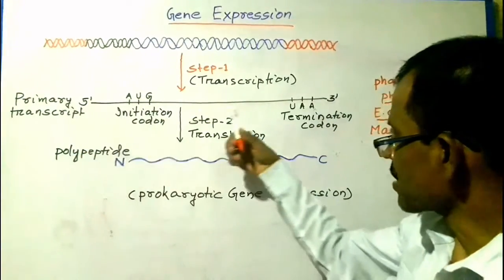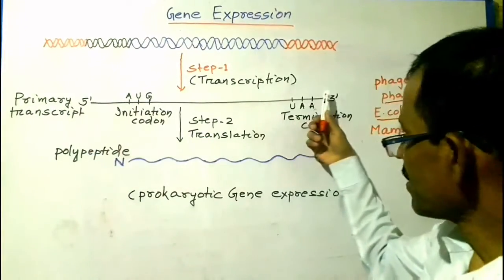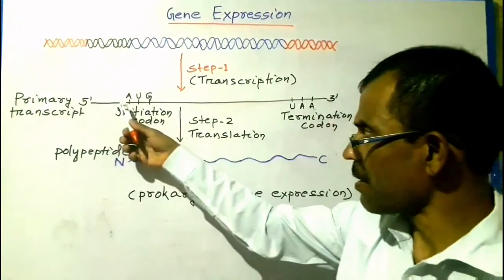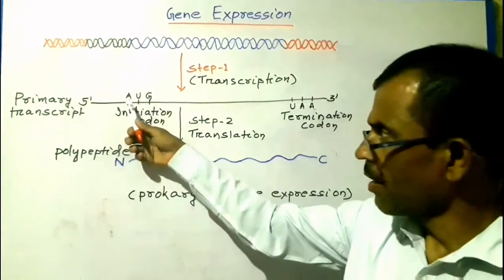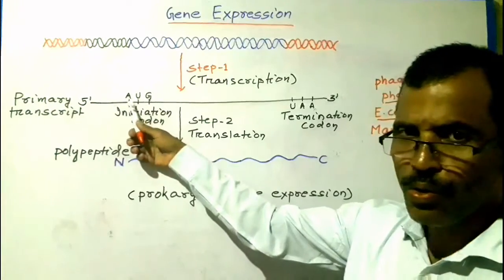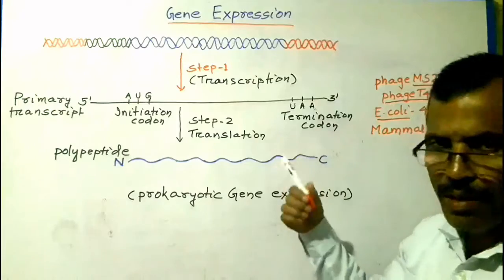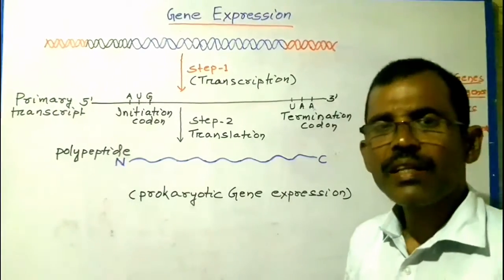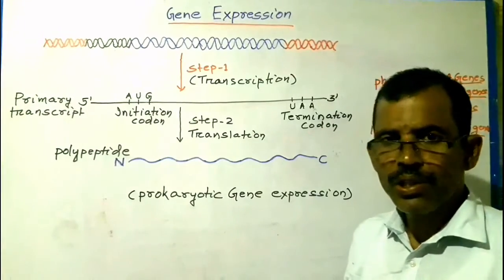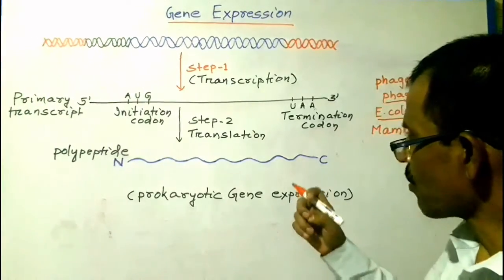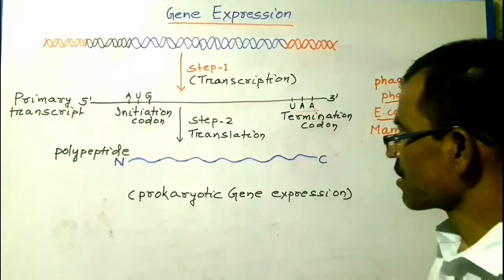This primary transcript contains a 5' terminus and a 3' terminus. At the 5' terminus, there is an initiation codon AUG, which specifies methionine, and there are also termination codons. There are 3 termination codons: UAA, UAG and UGA. In this example, UAA is the termination codon.